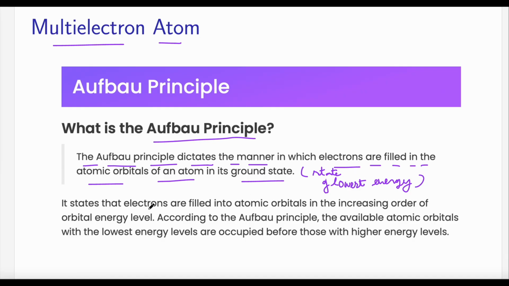It states that electrons are filled into atomic orbitals in the increasing order of orbital energy level. According to the Aufbau principle, the available atomic orbitals with the lowest energy levels are occupied before those with higher energy levels.